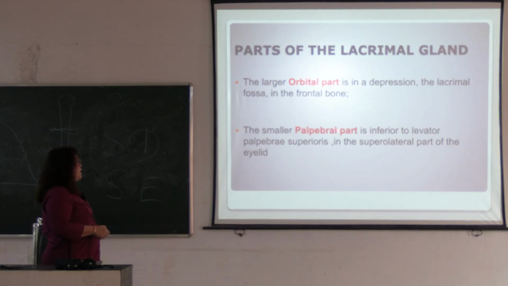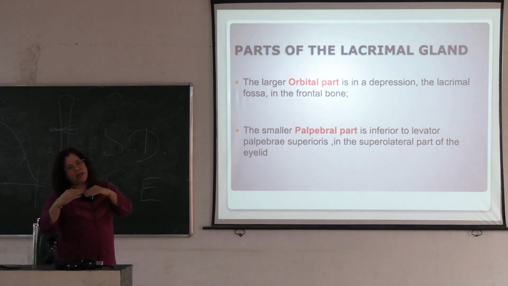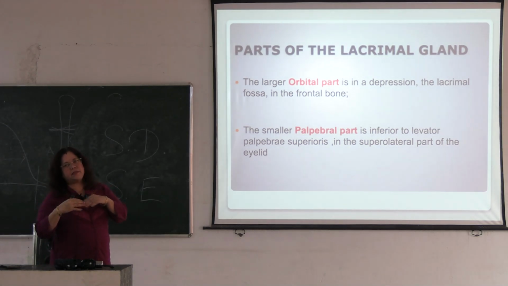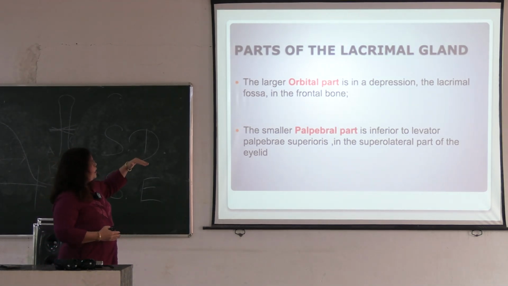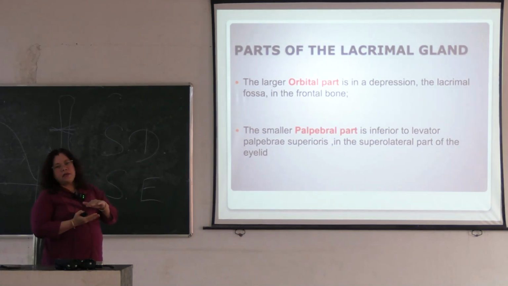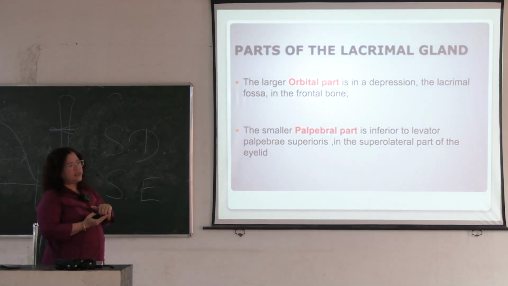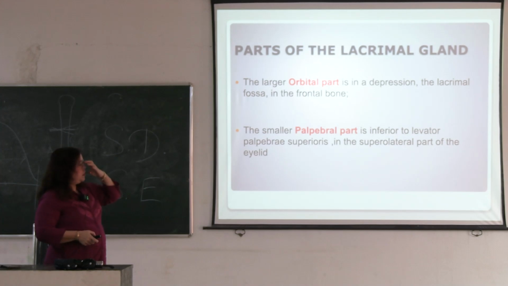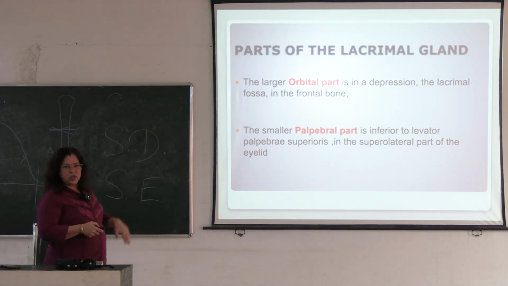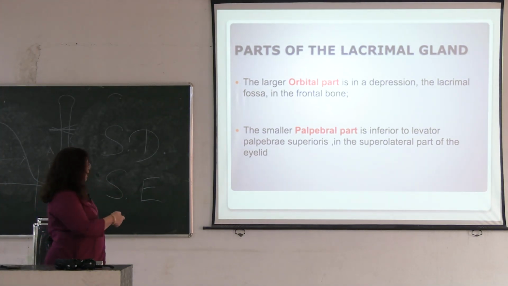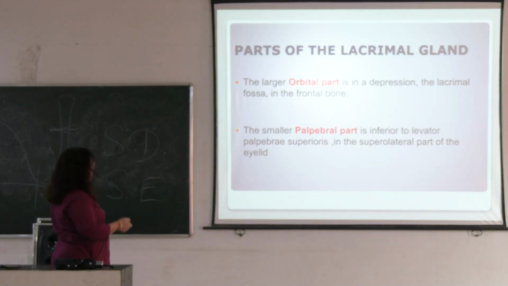The gland is divided by the levator palpebrae superioris muscle. So the orbital part rests above the levator palpebrae superioris muscle, and the inferior palpebral part is below the levator palpebrae superioris muscle.